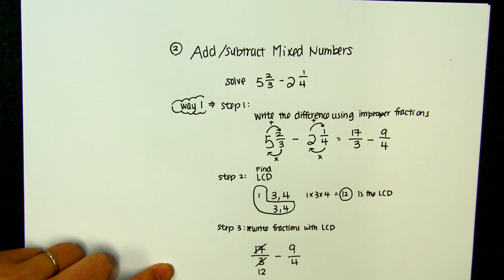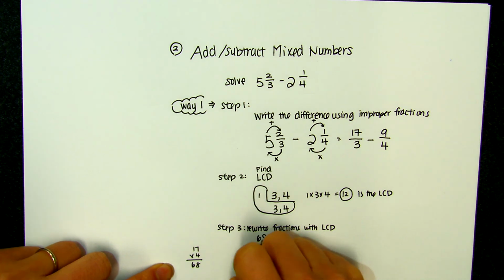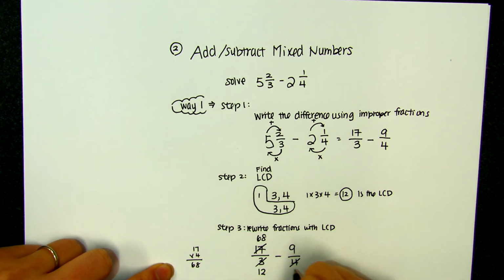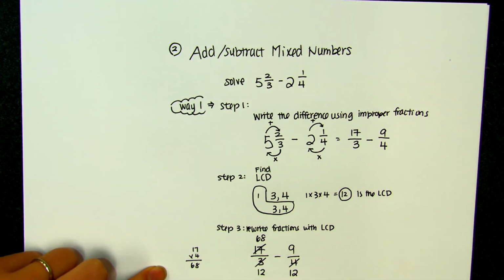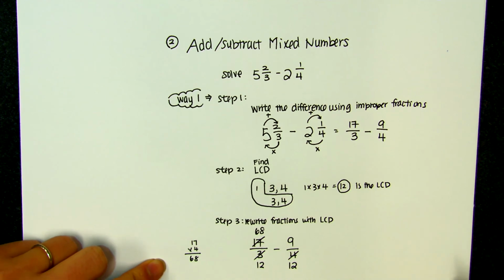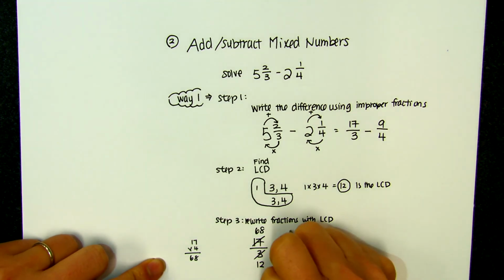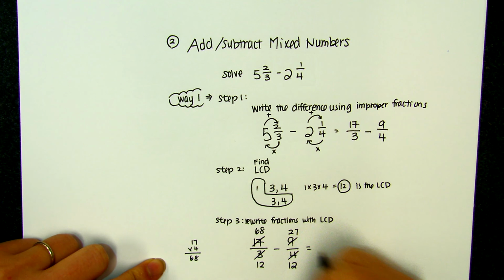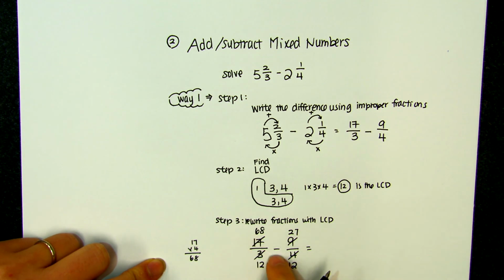You don't have to do this in your head, write this off to the side. The answer is 68. And I get to change 4 to 12. In order to do that, I multiply by 3, so I need to multiply the top by 3 as well, so 9 times 3 is 27. 68 minus 27.